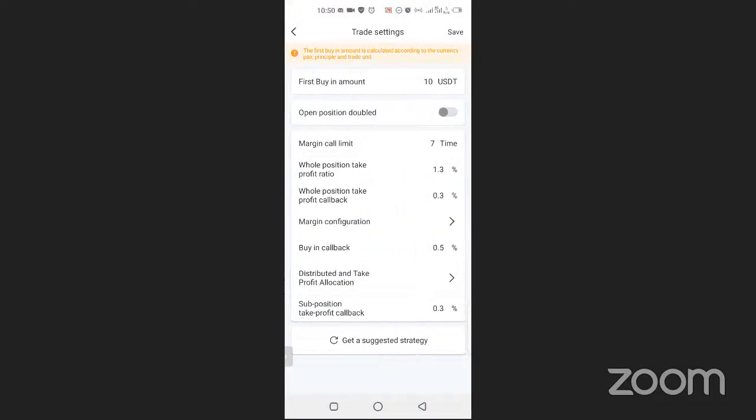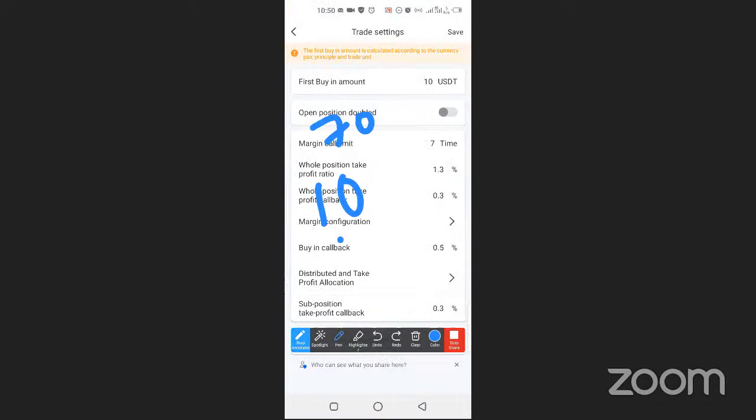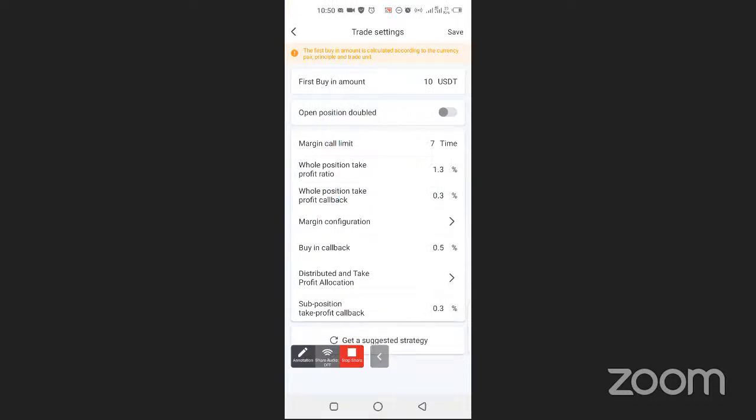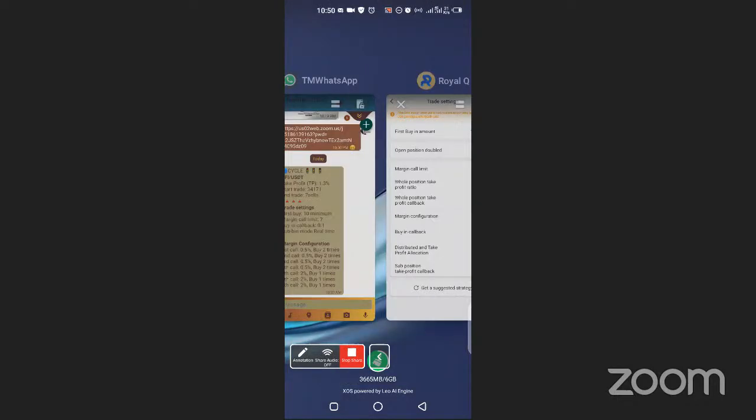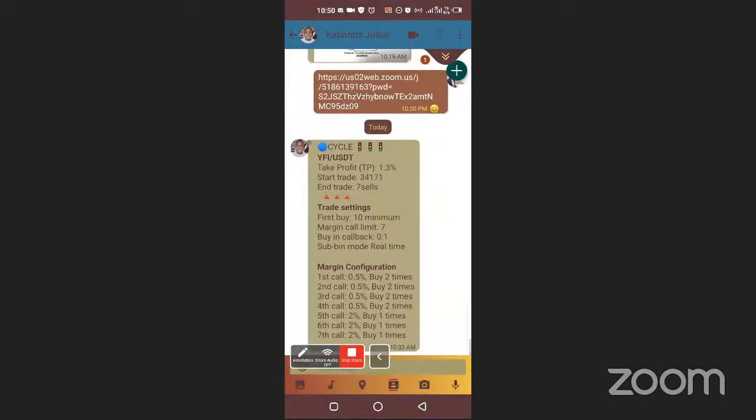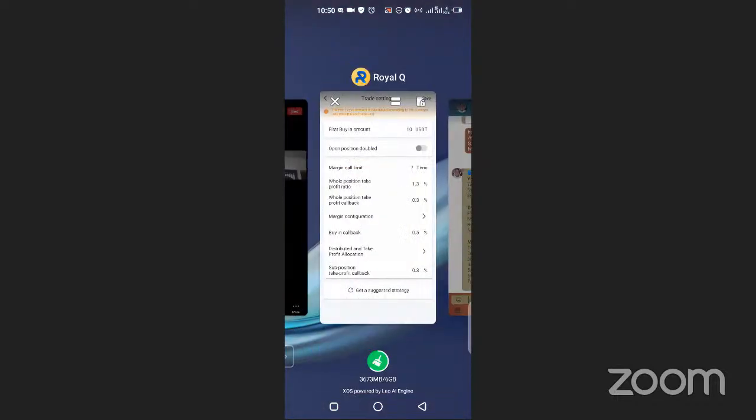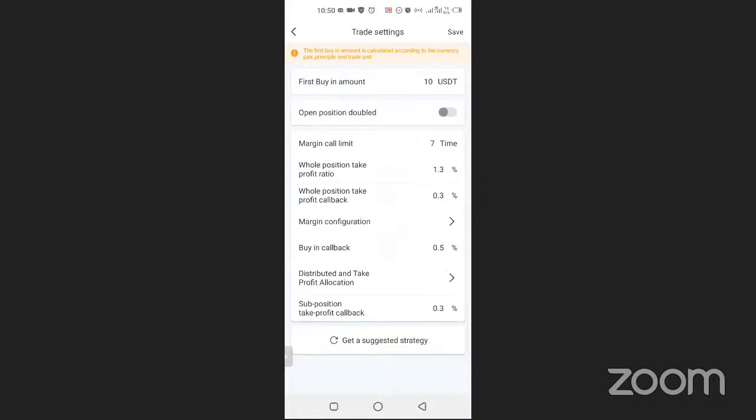I tap on the trade setting. Then I come here. Take profit is 1.3. Okay, that one is done. Then I come here. Start trade at 34171. Okay, start trade. Oh, that one I've skipped, but I need to check it up.